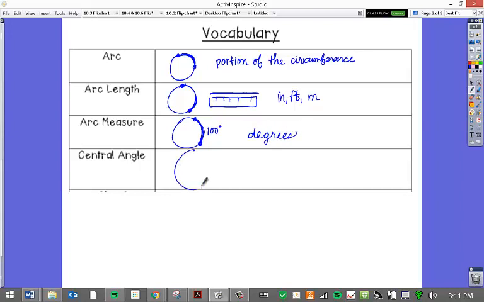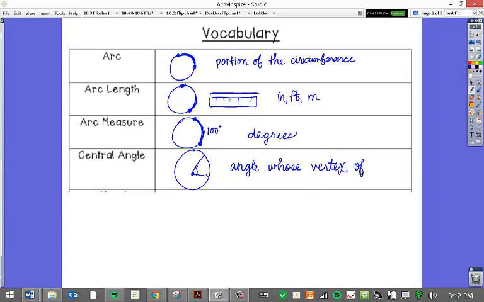And then a central angle is an angle whose vertex is the center of the circle. When the vertex of the angle is the center of the circle.